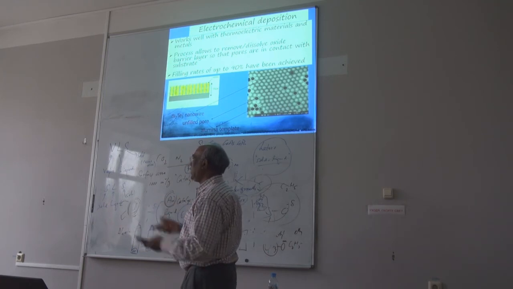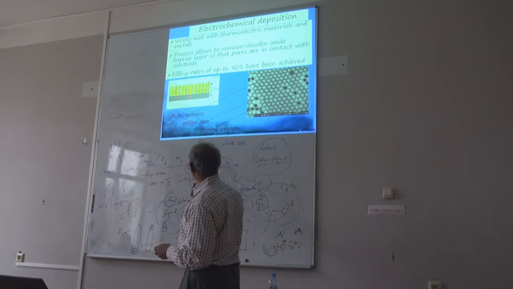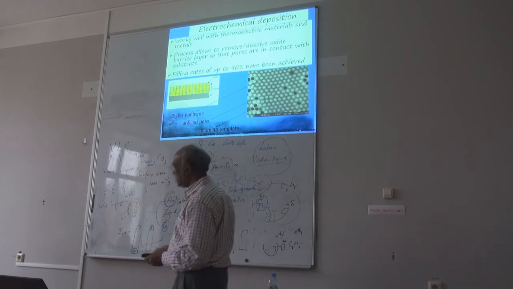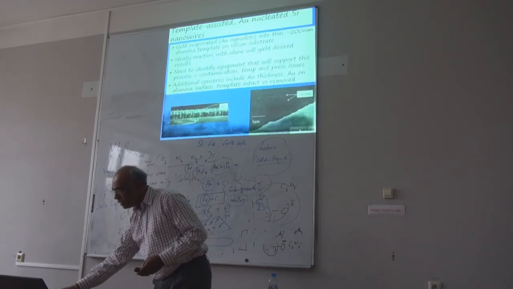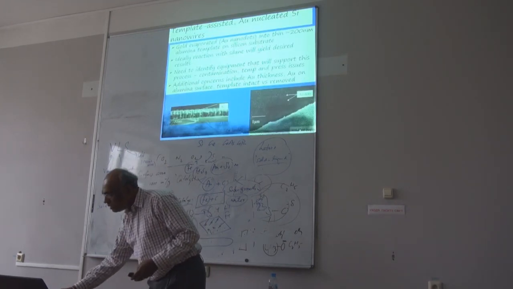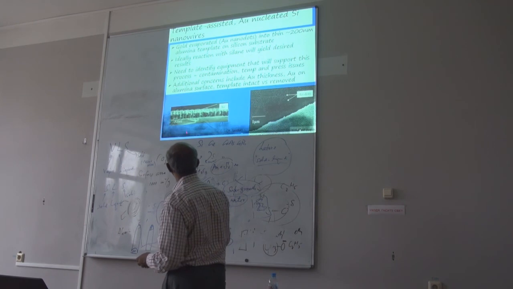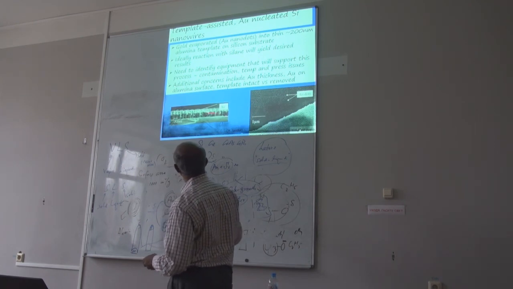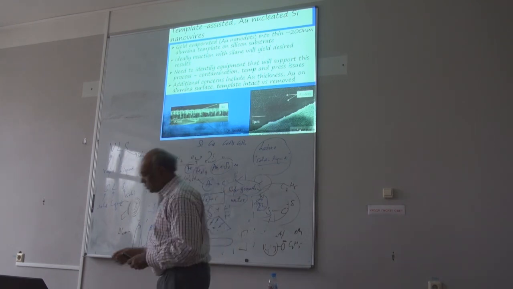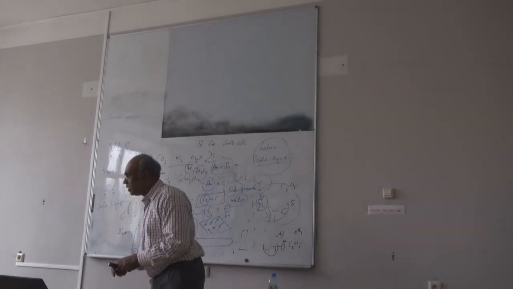So the template will dissolve. Then you have these wires just freely floating in sodium hydroxide. You can see a lot of particles going vertical. So I will stop here.